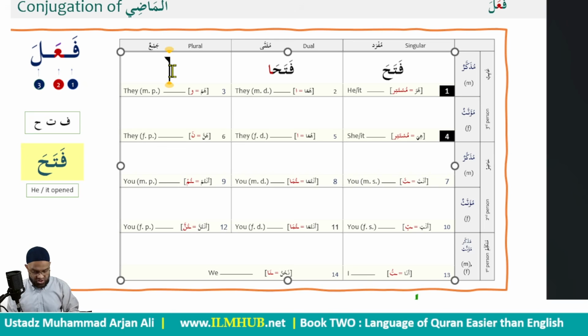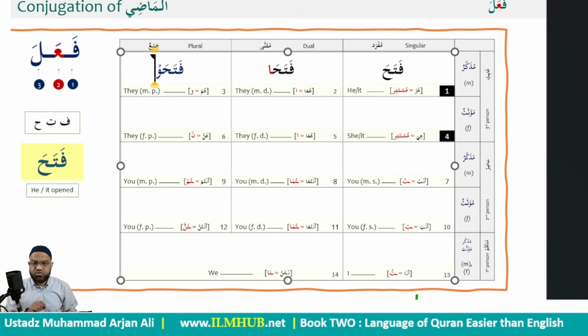Next, I want to say hum. Hum is actually represented by wow. So this wow here is the pronoun that's doing the action. And what is this wow represented? Hum. So I got to add wow to my root. So I got fa, ta, ha. I add the wow. Now this wow is sukun, does not have any vowels on it.